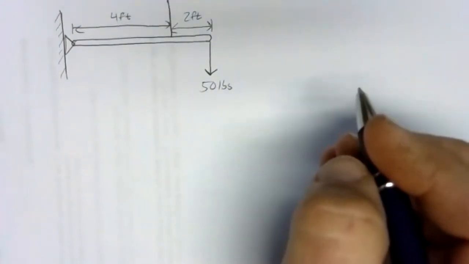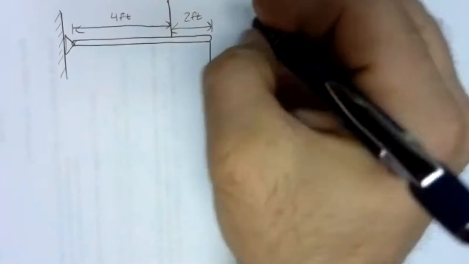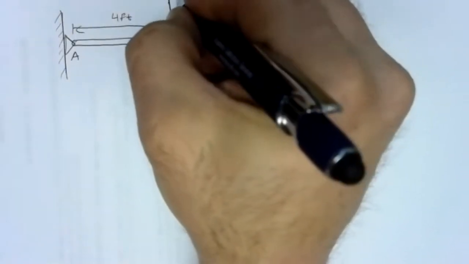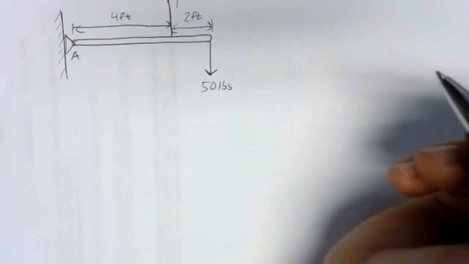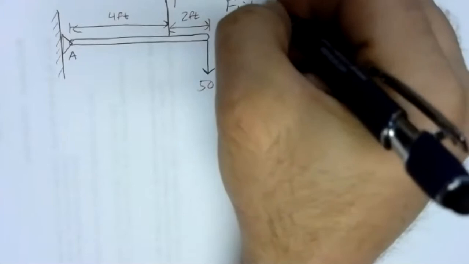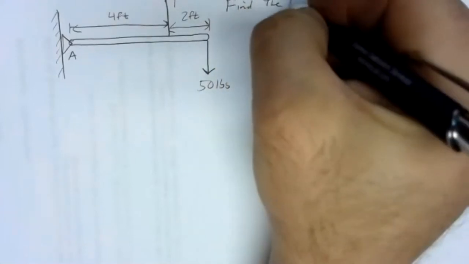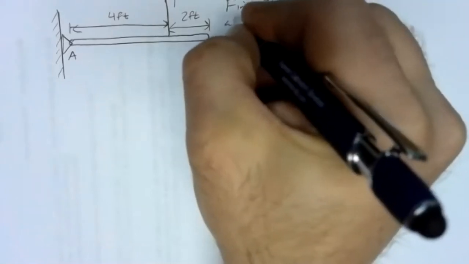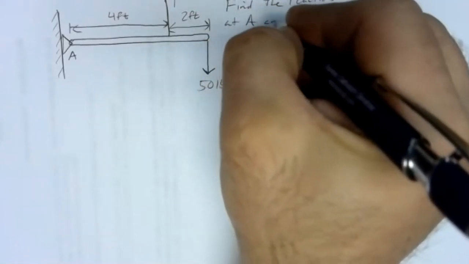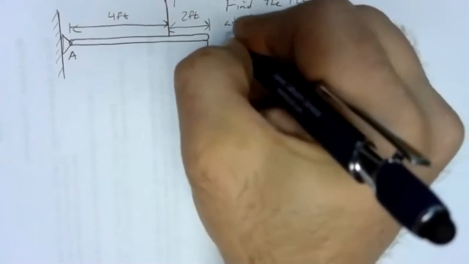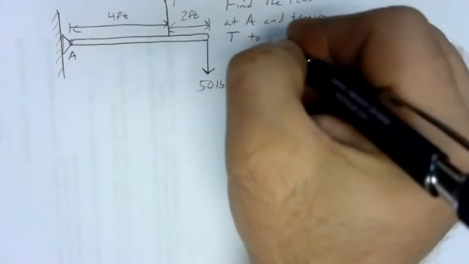So the question is going to say, what are the reactions? Find the reactions at A and the tension in the rope. And we'll do 3 sig figs on this one.